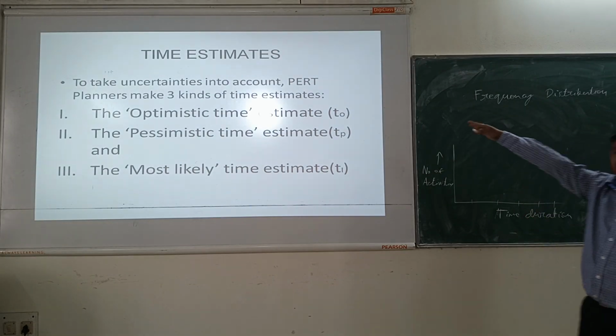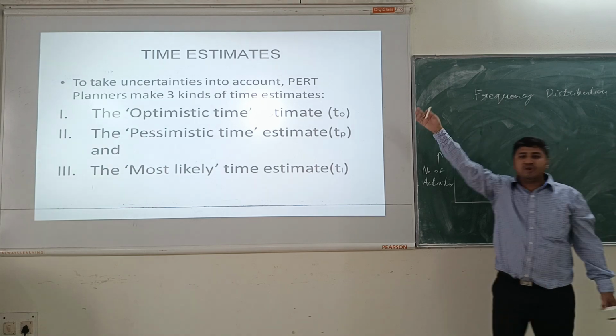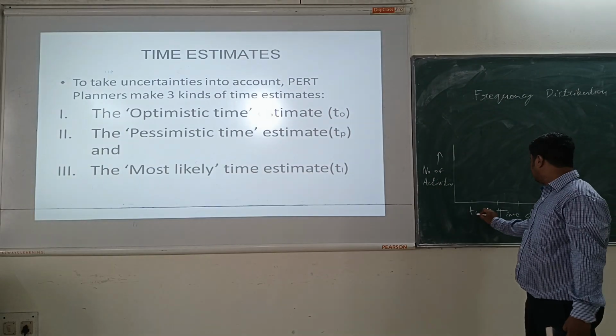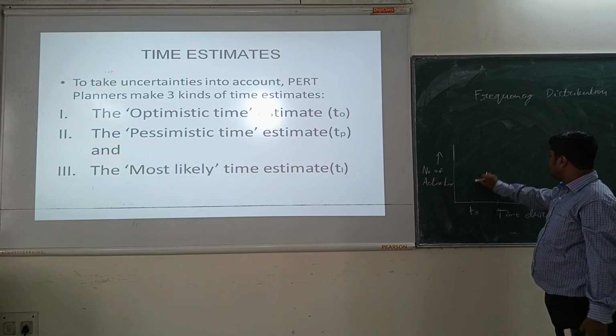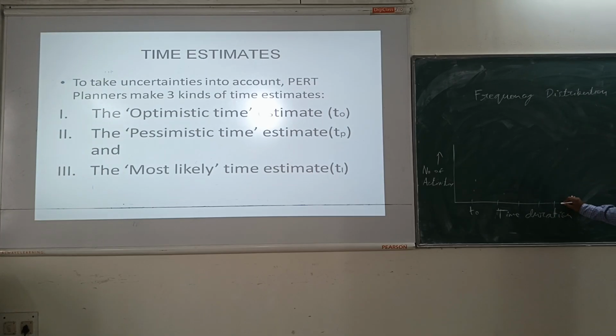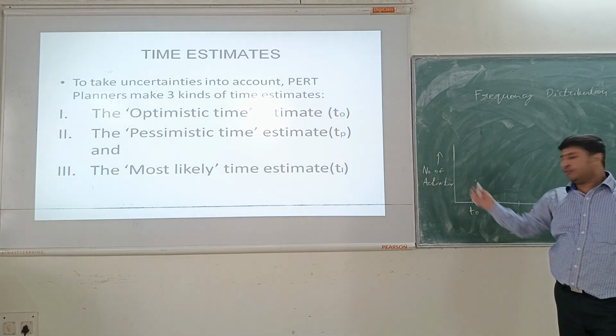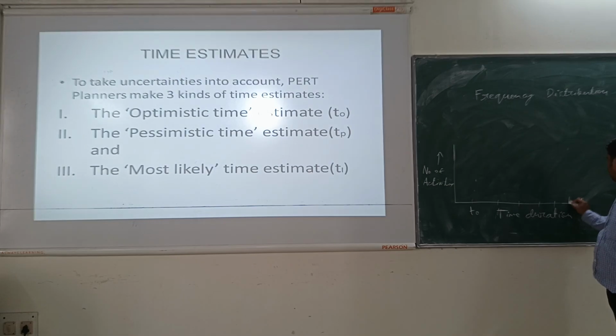The time taken is called the optimistic time. We are taking the least time, so here it can be noted as T0. And if any activity takes the maximum time which is allotted for it, that is called the pessimistic time, the maximum time which it can take.